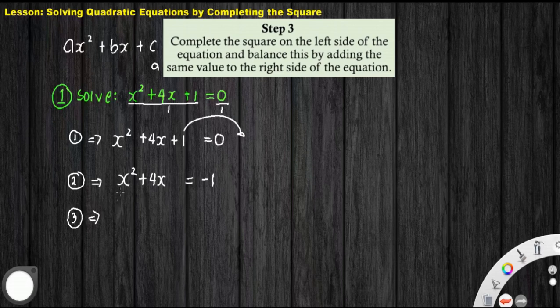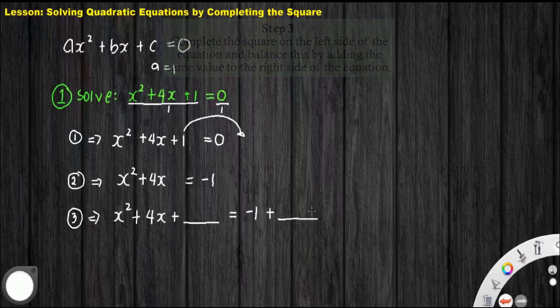But first, let me write this equation: x squared plus 4x plus blank equals negative 1 plus blank. Ito yung balance, di ba? Kung anong ginawa mo sa left side, gawin mo rin sa right side. So, that is our third step.